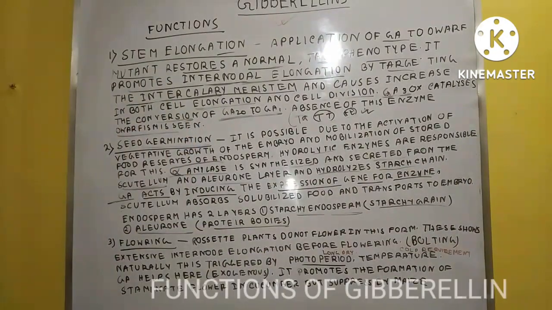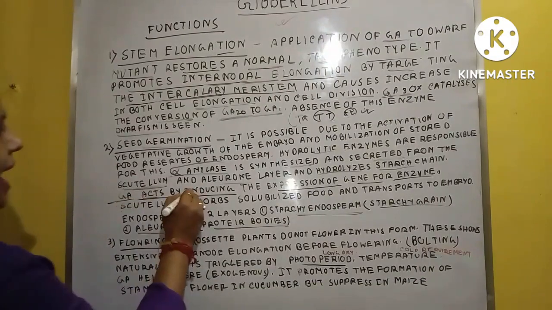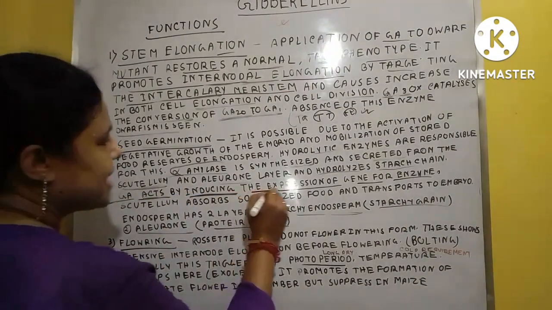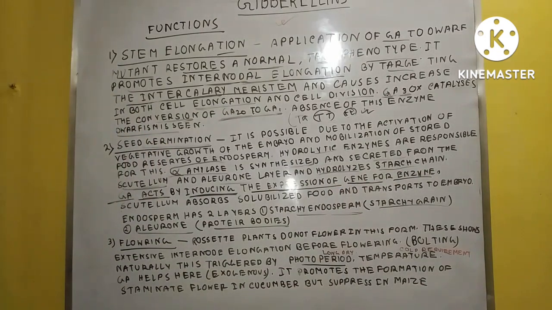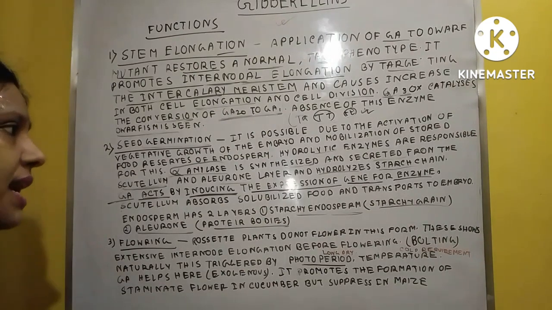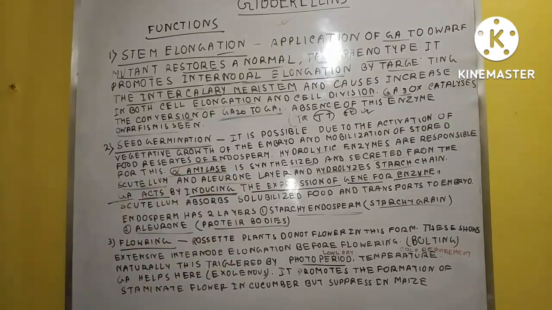What is the function of the gibberellin? GA acts by inducing the expression of the gene for enzymes. So if the gene is not activated by GA, the enzyme alpha amylase is not synthesized.